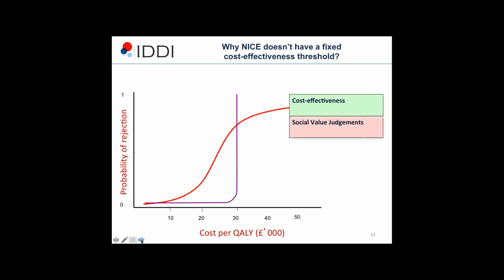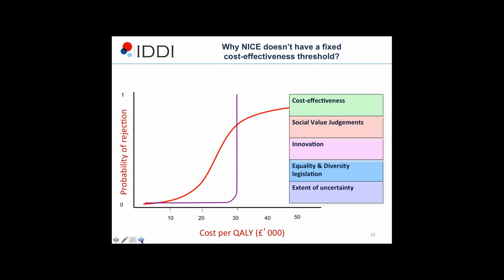The first issue may be what we call social value judgments. It may be that certain conditions are given more value than others. So, for instance, in the UK, if you're in what we call an end-of-life situation, we may value that more highly than, for instance, if you have a common disease with a number of years of life still ahead of you. Innovation, I mentioned at the outset that equity is important.